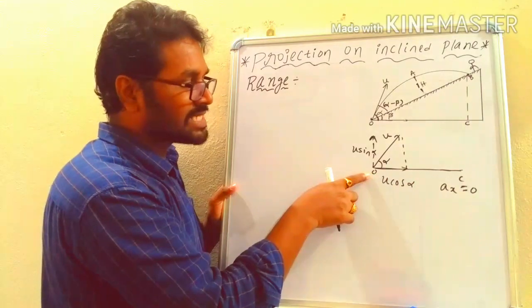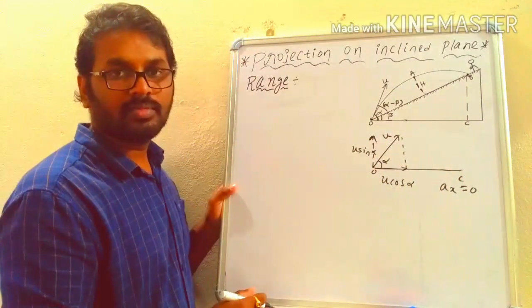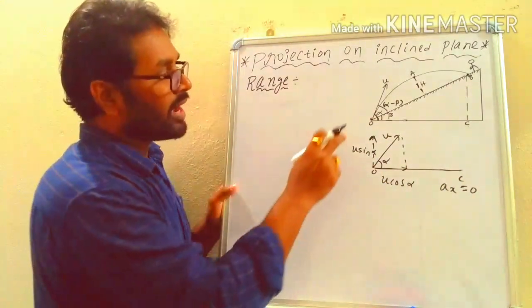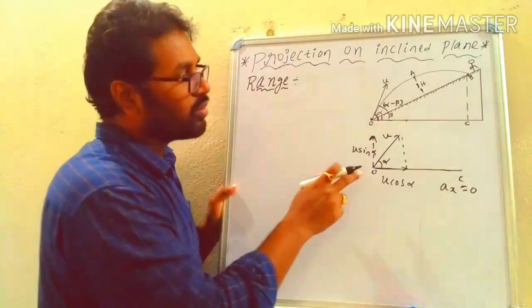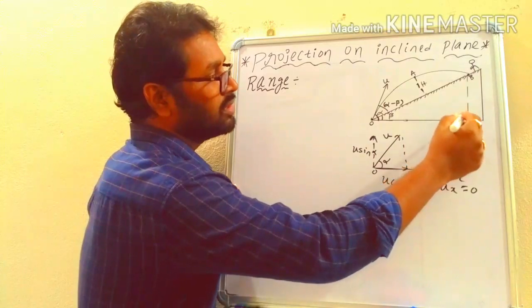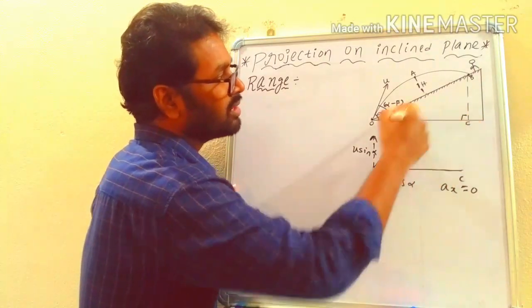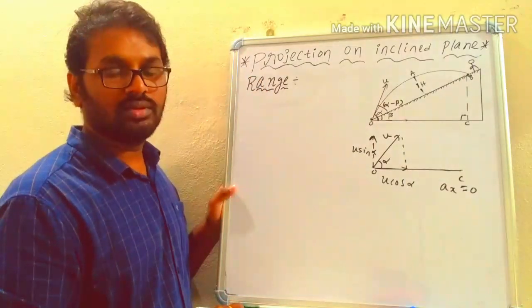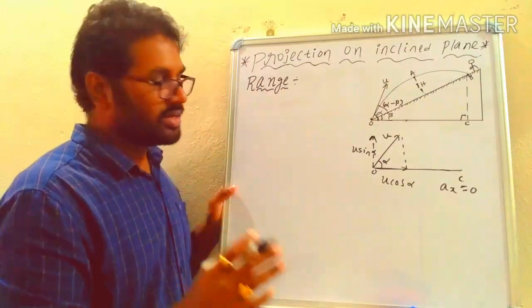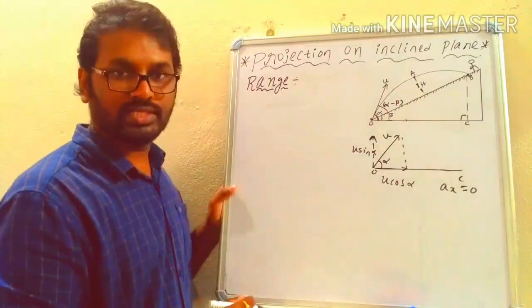We can find the distance from O to C. But we are interested in finding the distance from O to B. Once we get the distance from O to C, from this right angle triangle OBC, we can very easily get the range. The first target is to find the distance from O to C.